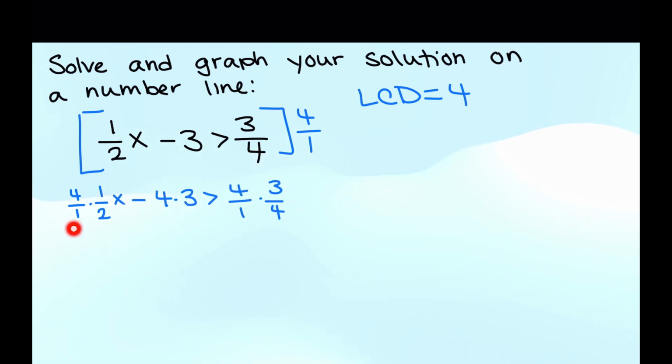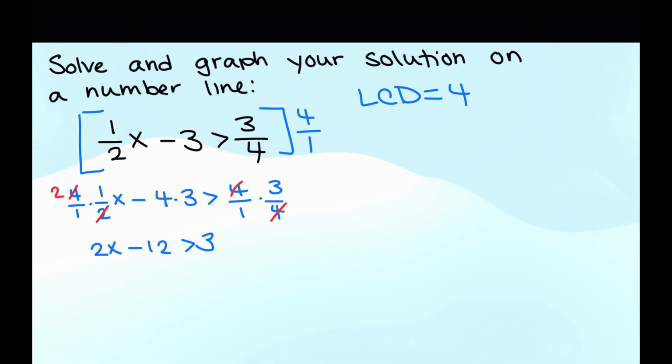That means I have to take 4 times 1/2 x minus 4 times 3 bigger than 4 times 3/4. 4 times 1/2 x, so 4 divided by 2 is 2, so we're just left with 2x, minus 4 times 3 is 12, bigger than, last term the 4's cancel out and we're just left with 3.